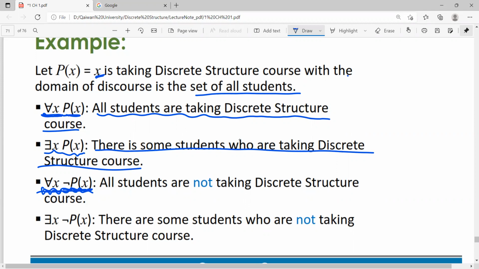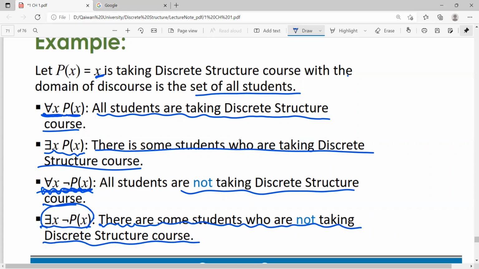Negation p of x means are not taking discrete structure course. Taking discrete structure course means p of x, and the negation of p of x means are not taking discrete structure course. And here we have there exists x negation p of x. It means there are some students who are not taking discrete structure course. If you write this in words, it becomes there are some students who are not taking discrete structure course.